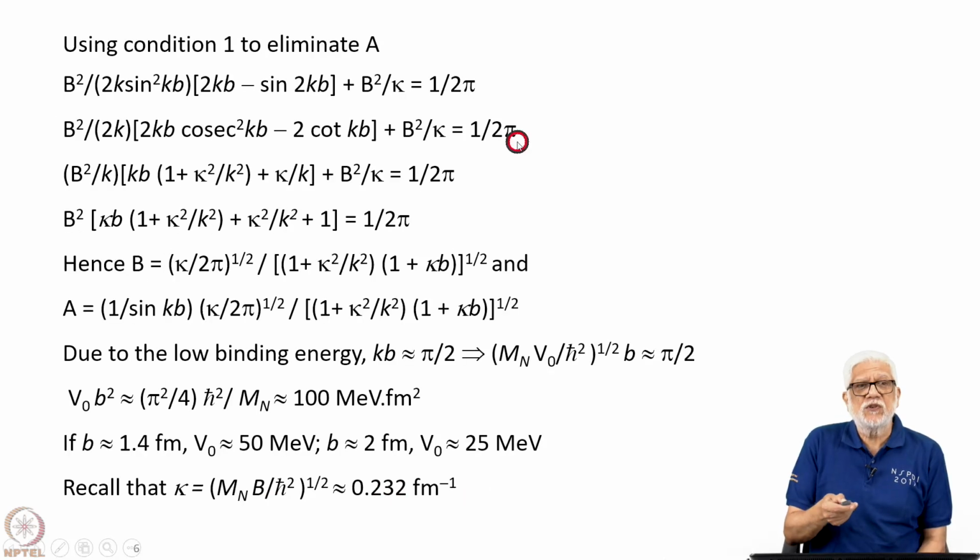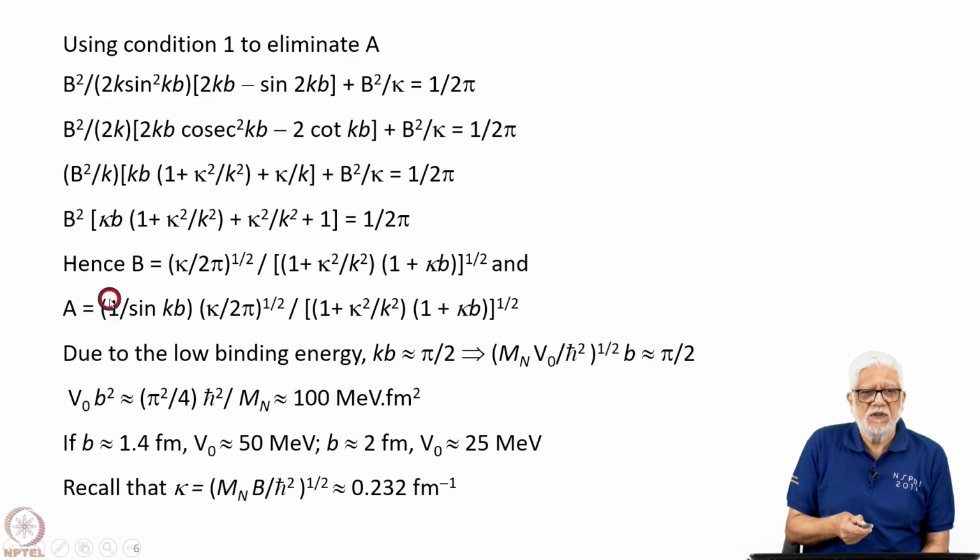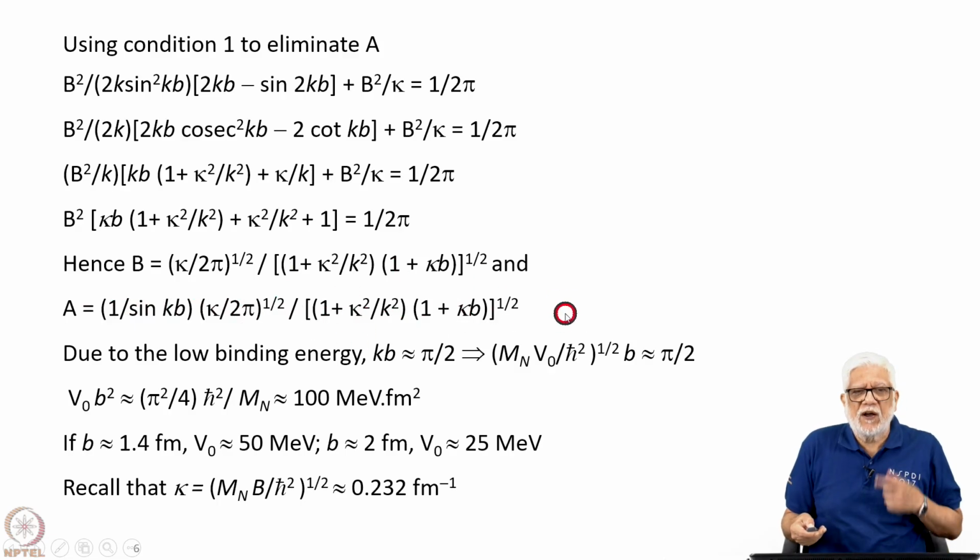So then you can use condition 1 to eliminate A, and if you do that, then you get B equal to this expression, which is dependent on kappa as well as k squared and on the range of this nucleon potential. Similarly, you get A, which is given by this expression: 1 by sine kb times the square root of kappa by 2 pi, times 1 plus kappa squared by k squared, 1 plus kb, and then the whole thing in the square brackets to the power of half.